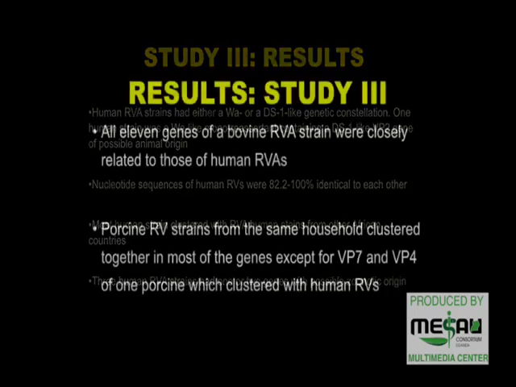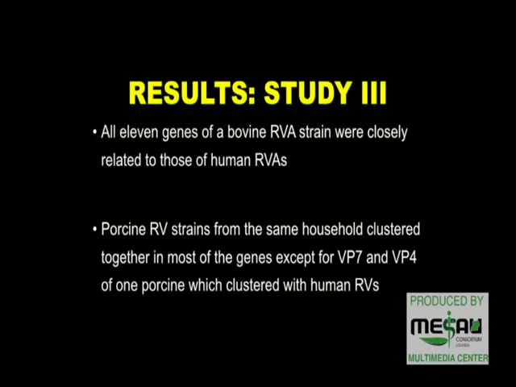And then what was quite interesting, we found that in bovine, this is the cow, all the 11 genes were exactly similar to human rotavirus strains, both the ones in our setting and also a rotavirus strain which has been described in Italy. And we also noted these are the pig strains from the same household.